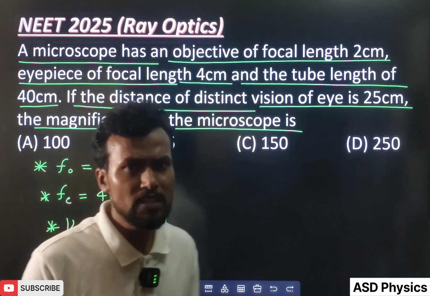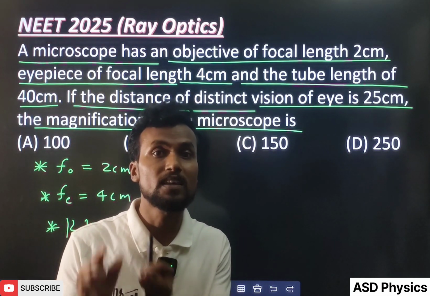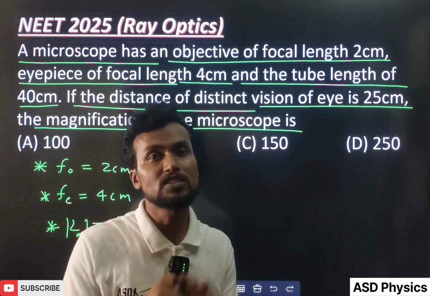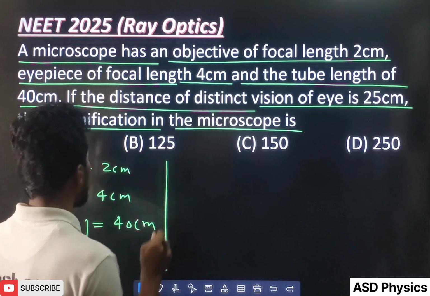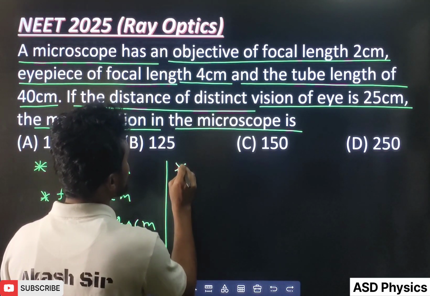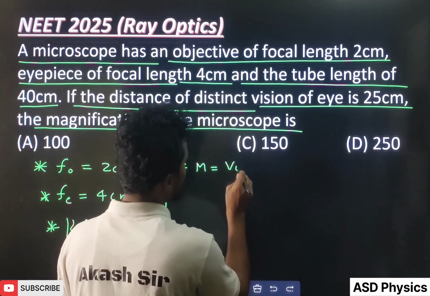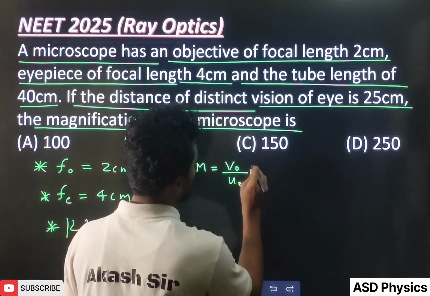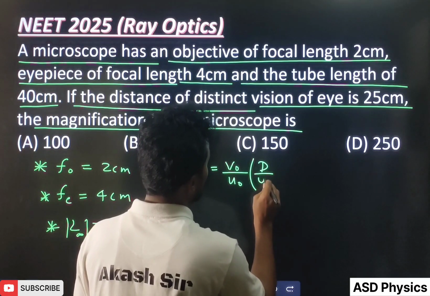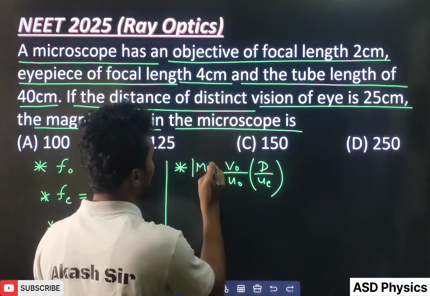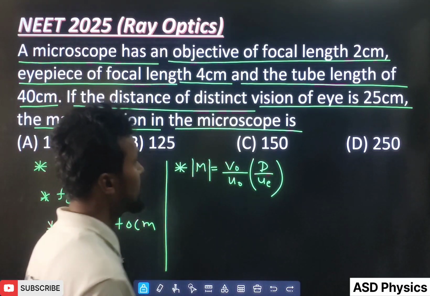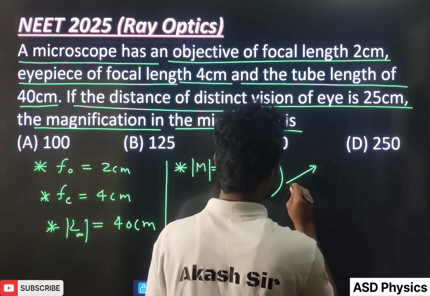I think you know very well, in a compound microscope two lenses are there, one is the objective and one is the eyepiece. Anyhow, remember that the magnification formula for the compound microscope is V0 by U0 into D by UE. I am writing just the magnitude, otherwise a minus sign will come. Now from here two formulas are used.